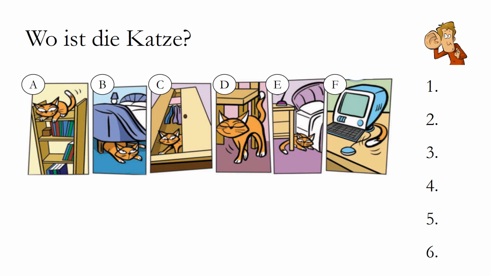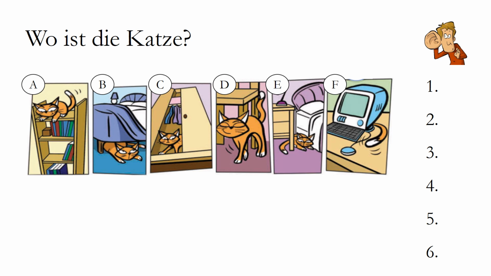1. Die Katze ist in dem Kleiderschrank. 2. Die Katze ist auf dem Regal. 3. Die Katze ist hinter dem Computer. 4.